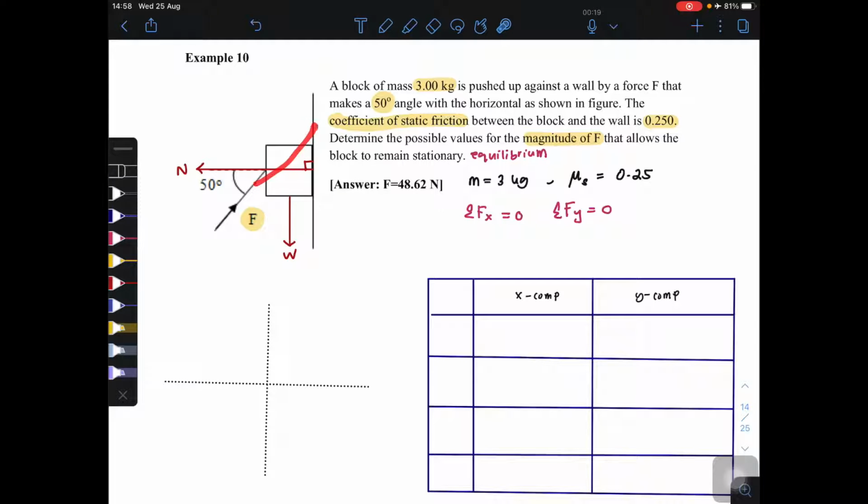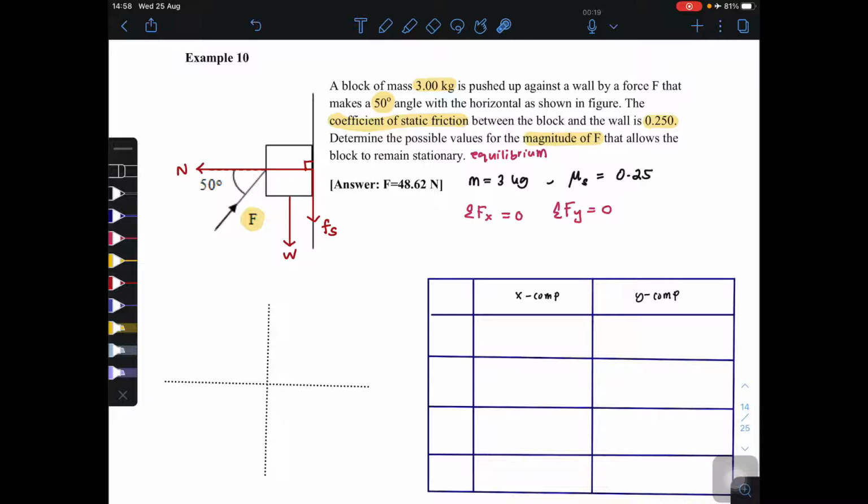So to prevent the motion, remember friction always has the opposite direction. So maksudnya friction force tu akan opposite direction, which is going downward. Sebab kita tolak dia ke atas, so friction mestilah bertentangan, which is ke bawah. Okay, so that's all the forces that we can identify.